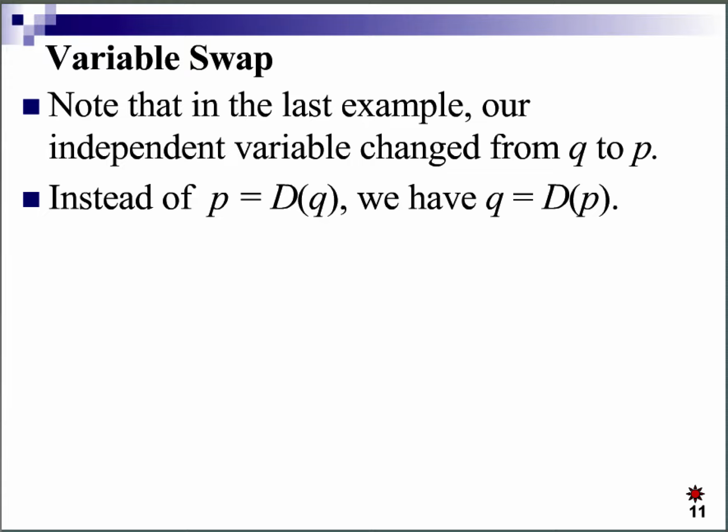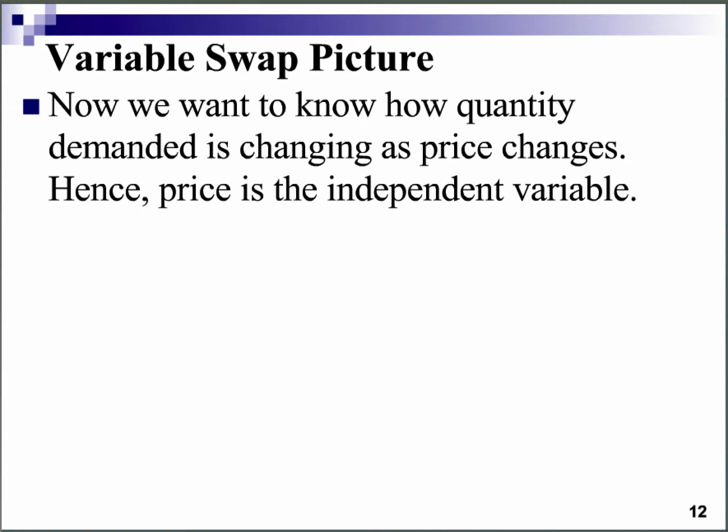So let's take a look at a quick visual picture of what's going on here. As we look at the pictures, what we want to do is keep in mind that we are allowing the price to increase in these examples. So we can think of price as the independent variable. That's the thing that's allowed to change.